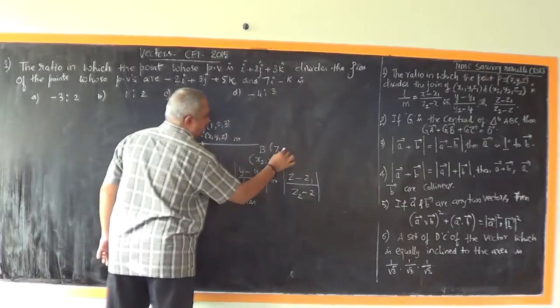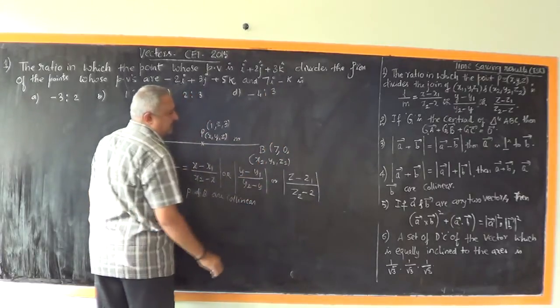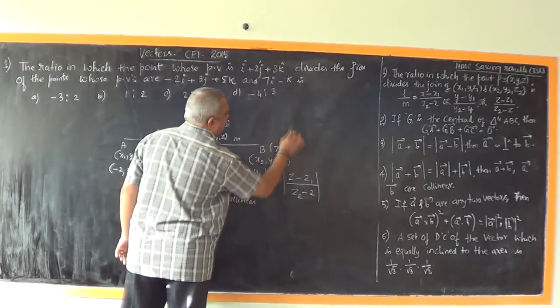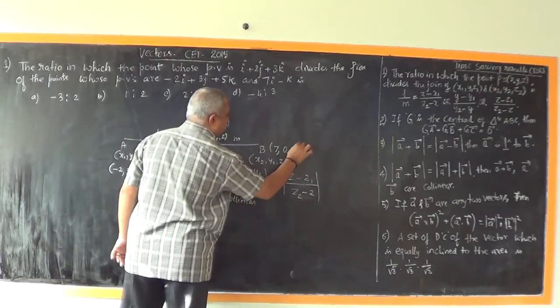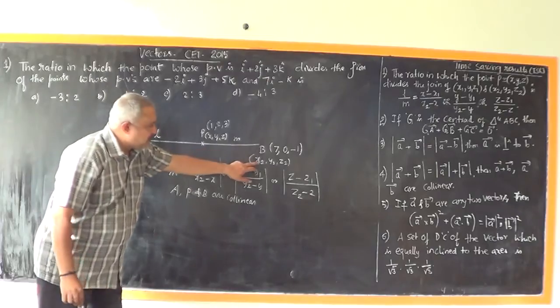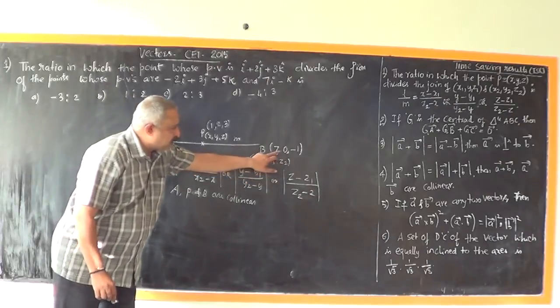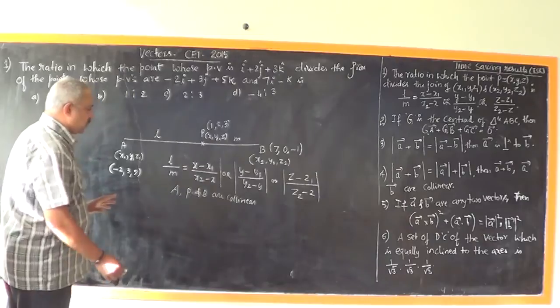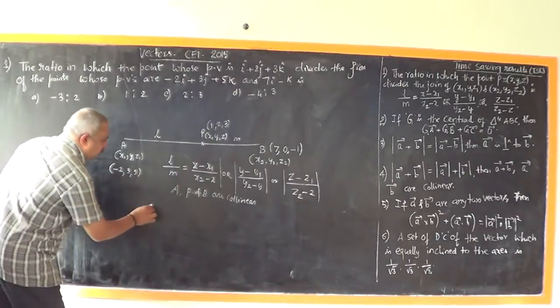As there is no j term here, the middle coordinate is 0 and the coefficient of k is minus 1. So the position vector of the point B, which is (x2, y2, z2), is (7, 0, minus 1). So now you can instantly write down the ratio.